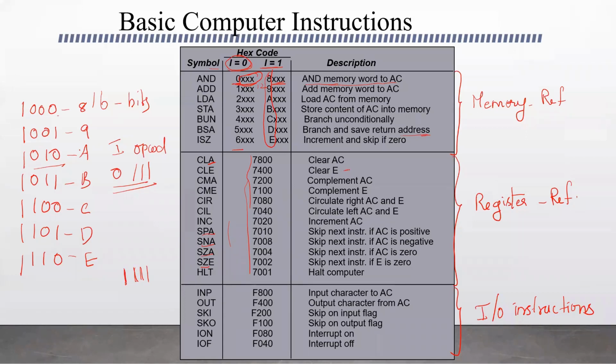When these 3 opcode bits are 1 and I is 1, it is recognized as an IO instruction. When the 3 bits are 1 and the most significant bit I is 0, it is recognized as a register reference instruction. So here 1111 is F, and the leftmost digit is F. The other 3 digits are the hexadecimal equivalent of the register operation given in the least significant 12 bits.